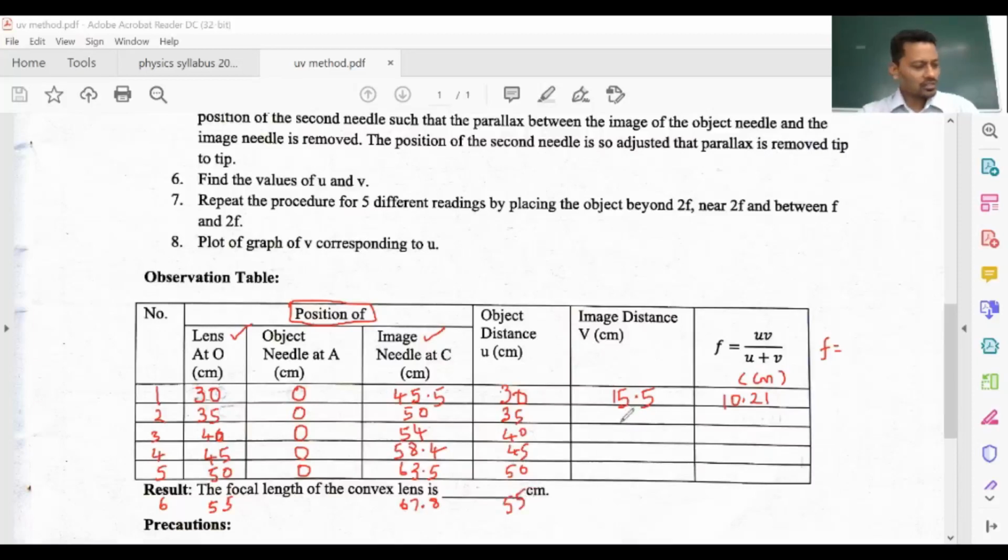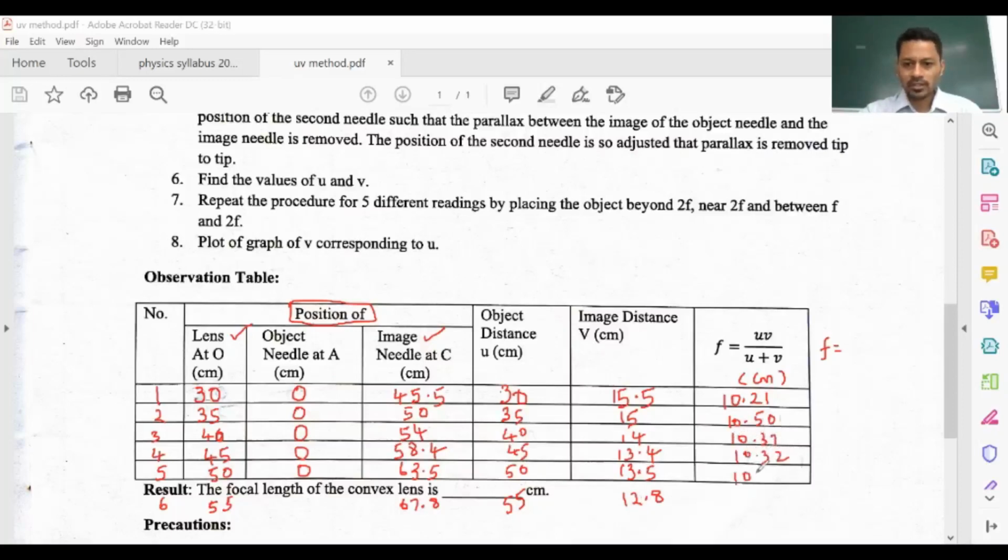So image distance here I will get is 15, 14, 13.4, 13.5 and 12.8. When I substitute the values of u, v in this particular formula, we get 10.50, 10.37, I get 10.32.